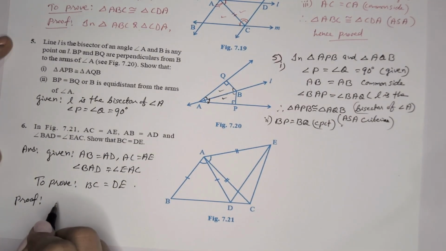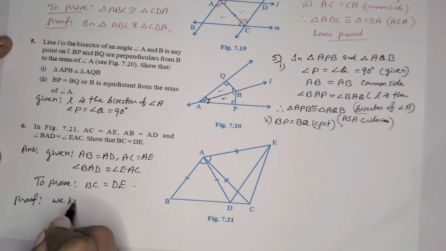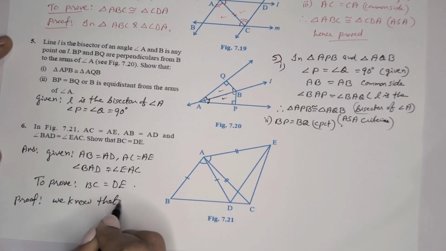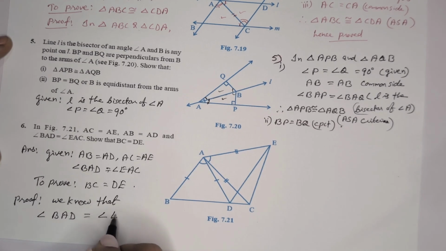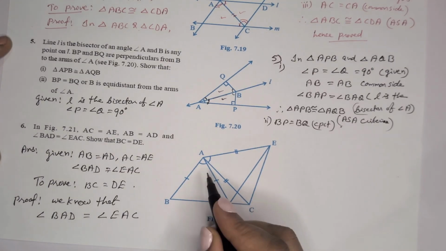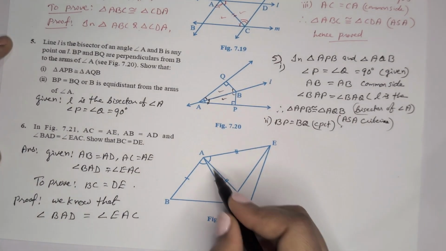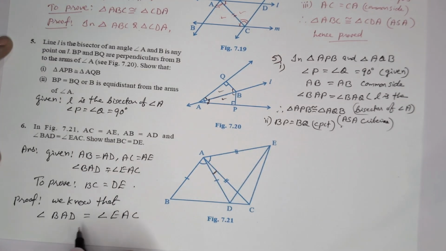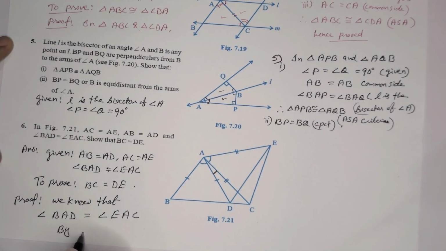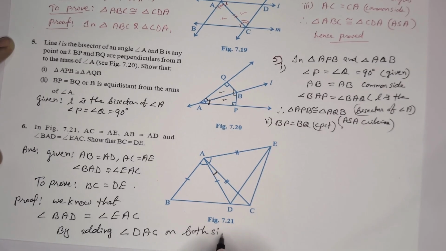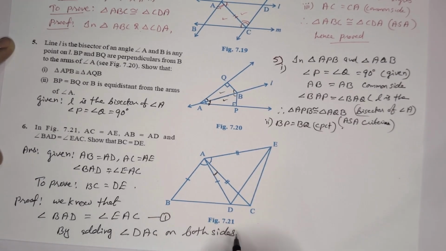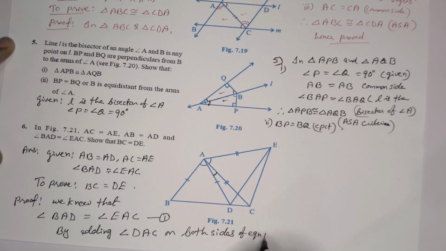For that proof, we know that it is given that angle BAD is equal to angle EAC. Then by adding angle DAC on both sides, this is equation 1.